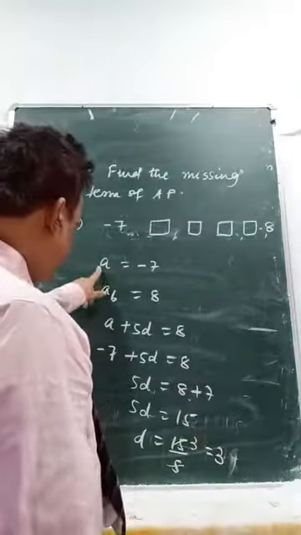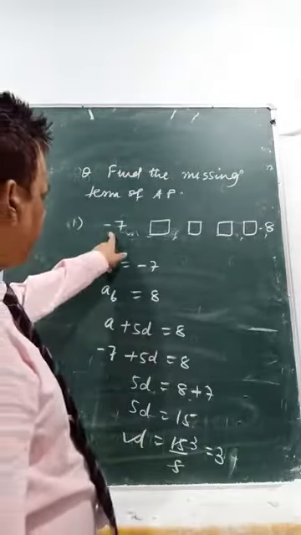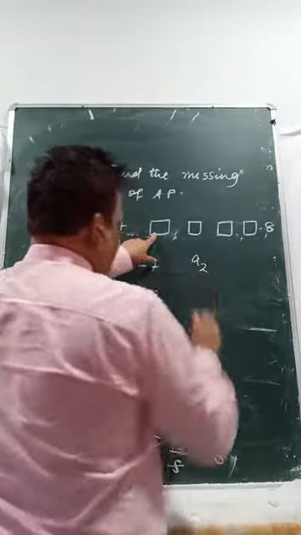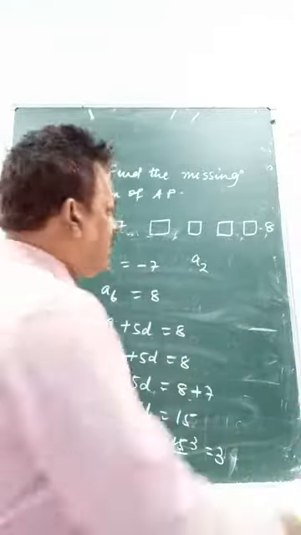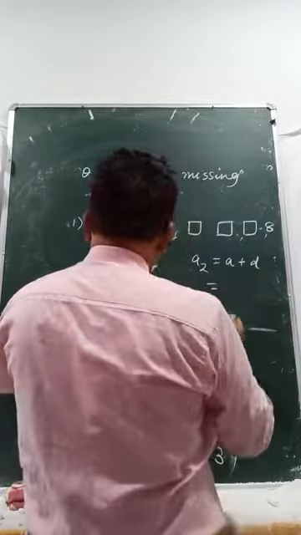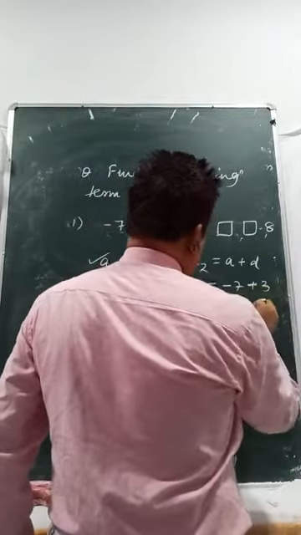So you got A, you got D. These two are very important for us. Now count the place. This is which place? Second place, which means A2. A2 or T2, same thing. A2 will be A plus D. Put the value: minus 7 plus 3 equals minus 4.